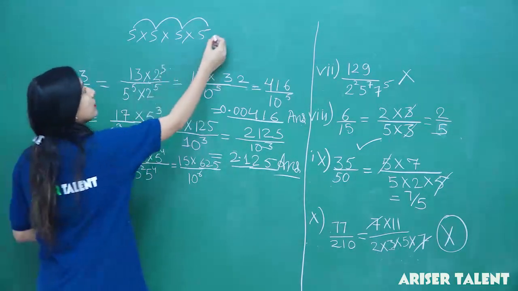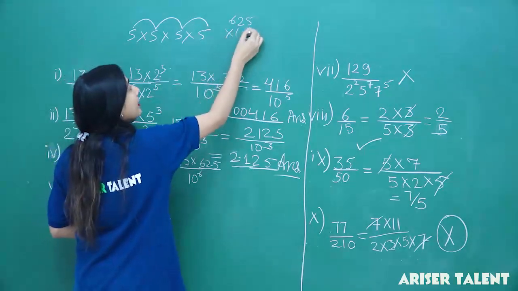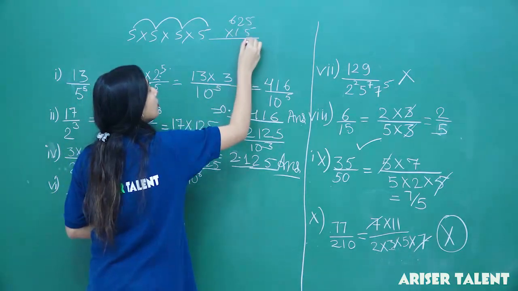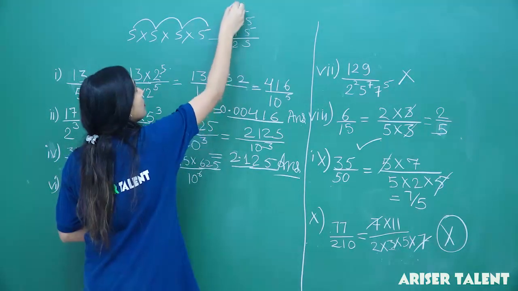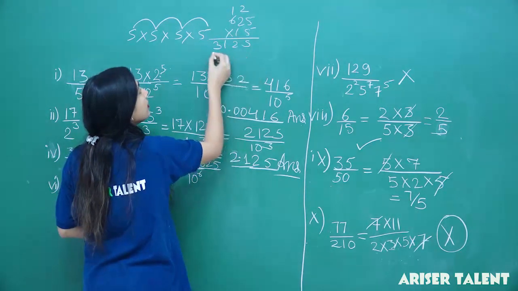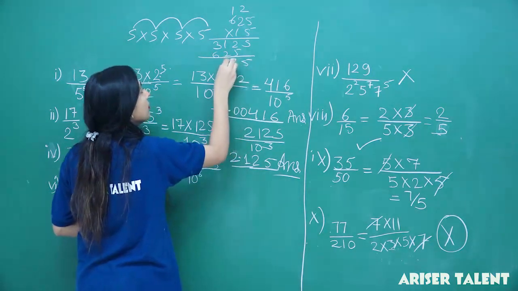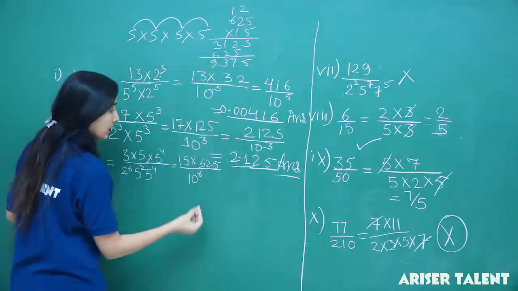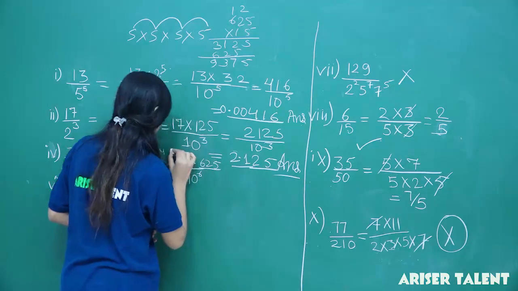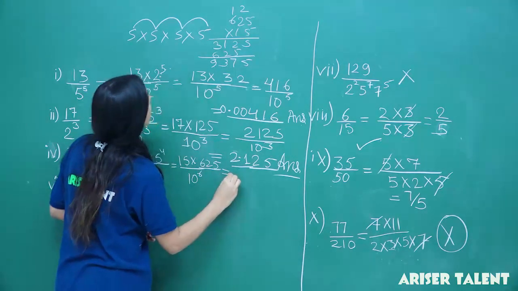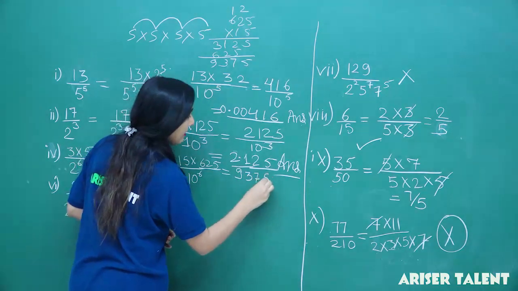It will become what? 625 multiplied by 15, that will become 9, 3, 7 and 5.